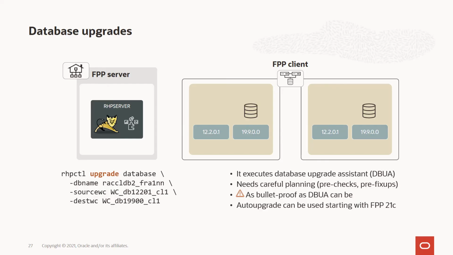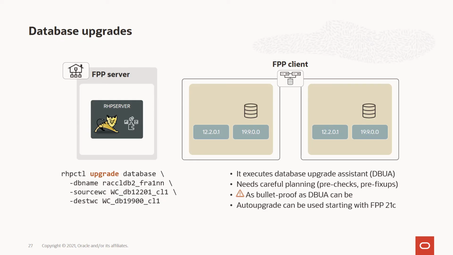And we all know that sometimes it might work properly, but sometimes it might give errors. So the FPP server is just the man in the middle that runs the DBUA, but if the DBUA fails for some reason, for example a deprecated feature, or we have something in the database that cannot be upgraded that easily, then we need to have some more careful planning.